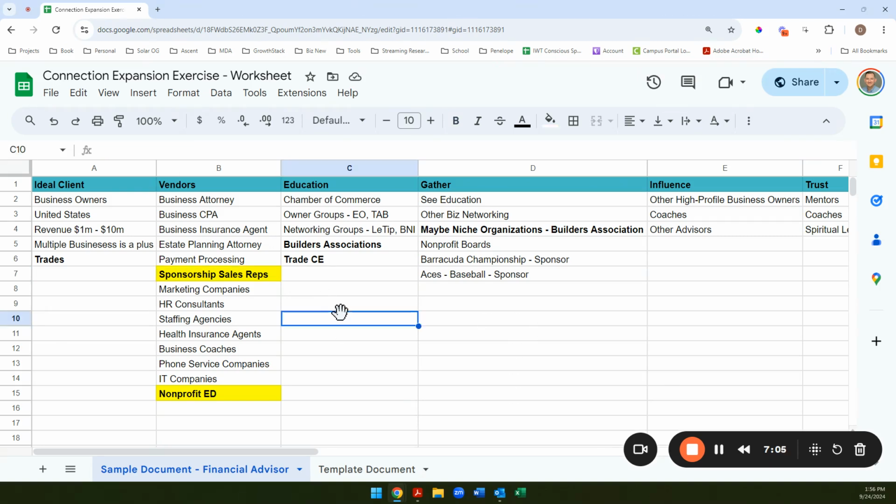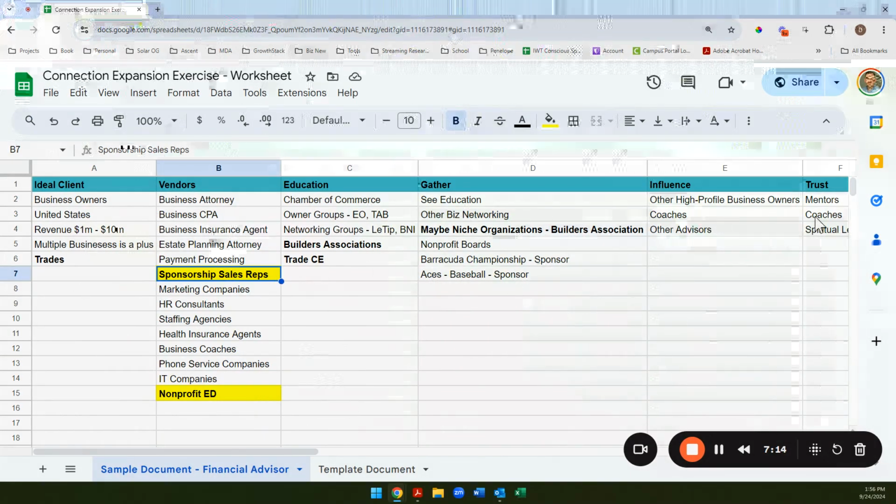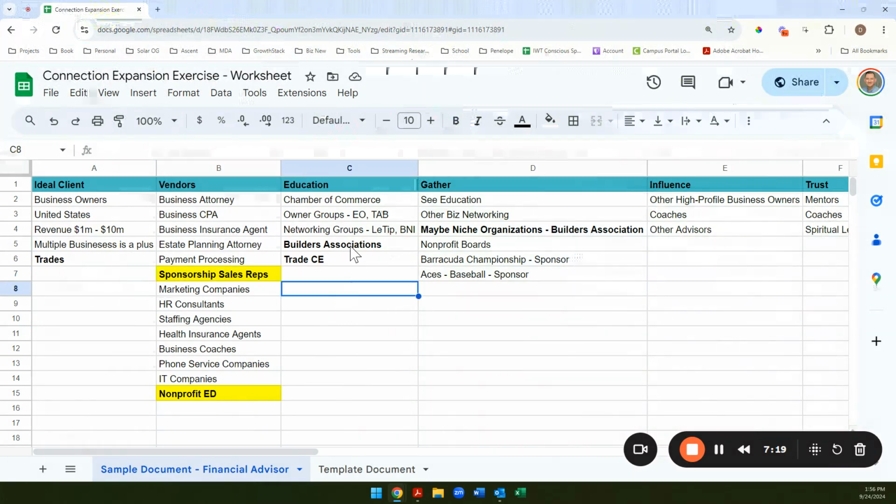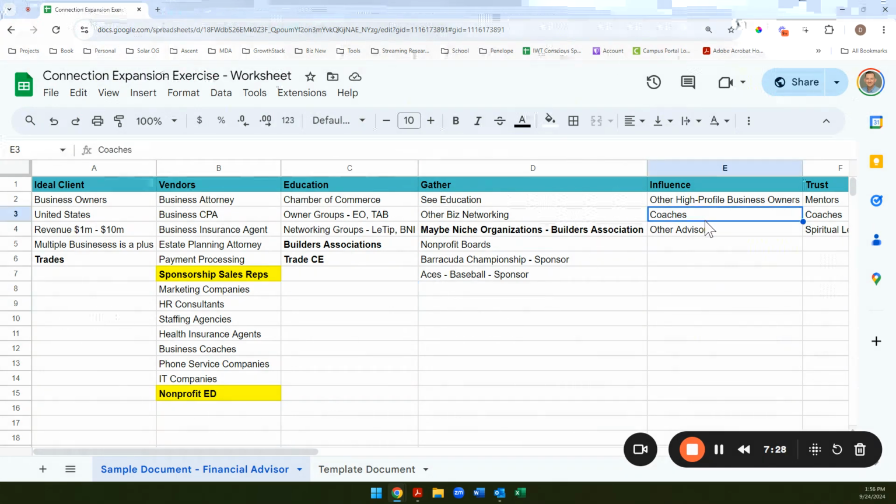Then what we would do is copy and paste this over, and we would start with the ideal client being sponsorship sales reps. And then how do we go through and access all of these ways to get a hold of them? Now, as we build that list, that's where I'm really starting to look at where do sponsorship sales reps gather or seek influence. And so maybe I find a sales coach who only coaches nonprofit executive directors, or a sales coach who only coaches sponsorship sales reps or sports sales reps or B2B sales reps.